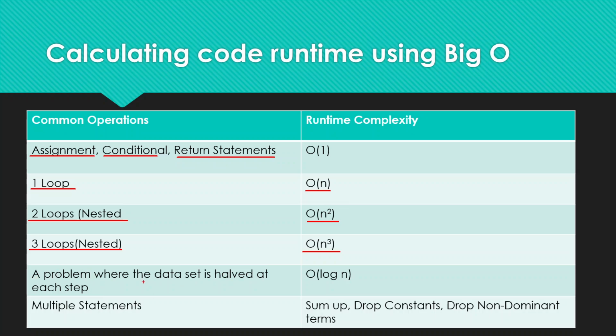Now, if you have a problem where the data set is halved at each step, then that gives us a big O of log n time complexity. For example, in binary search, we are searching through a sorted array.